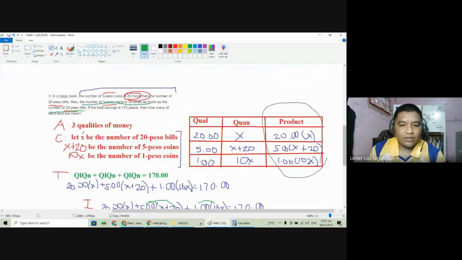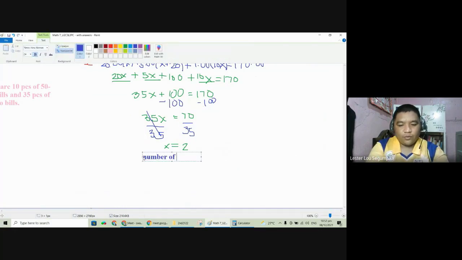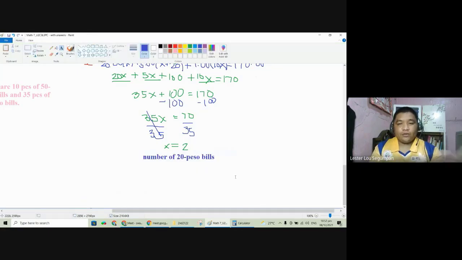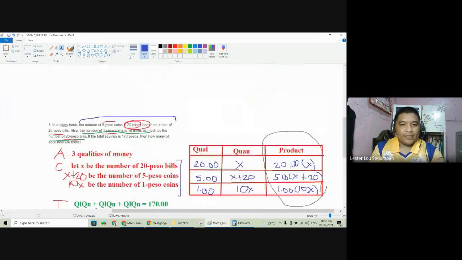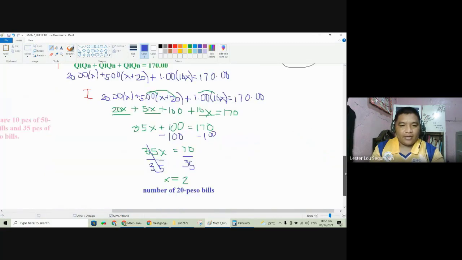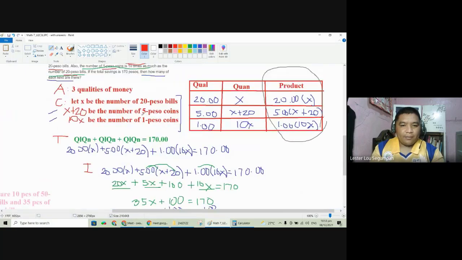Going back to our situation, this is again the number of 20 peso bills. We are going to check it later. No worries about that. The first thing that we need to do next is to determine the number of 5 peso and 1 peso coins, since the question is how many of each kind there are. So let's start with the number of 5 peso coins.